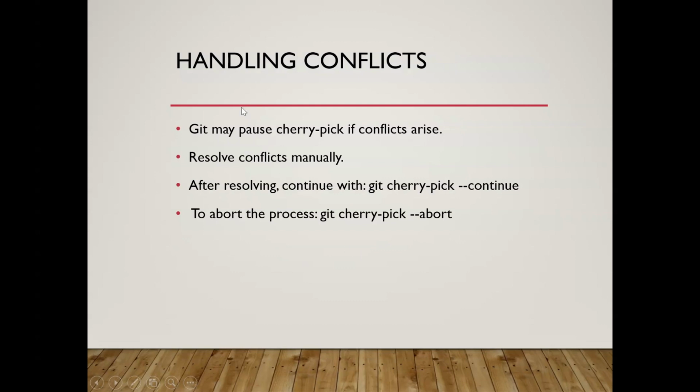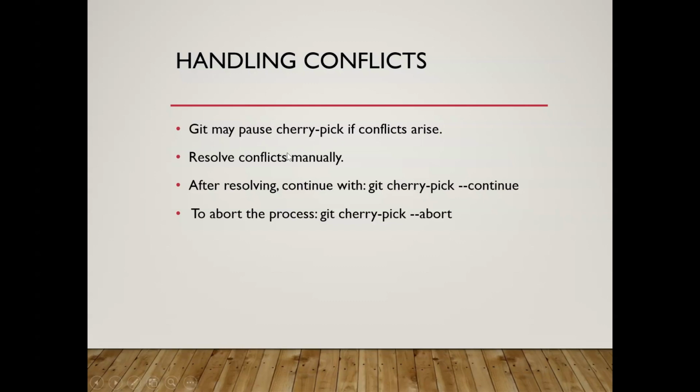Okay, if you have any conflicts during the cherry-picking, you can also handle that. Git may pause cherry-pick if conflicts arise. So if you have merge conflicts inside your branch, then it will pause, and you will have to resolve the conflicts manually.